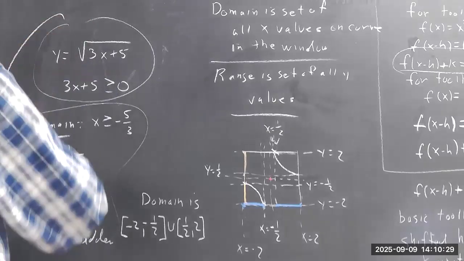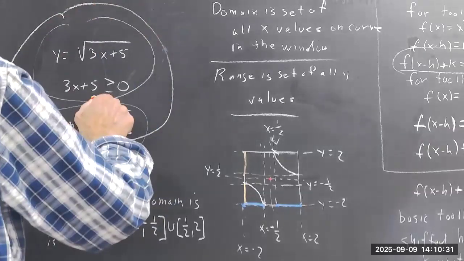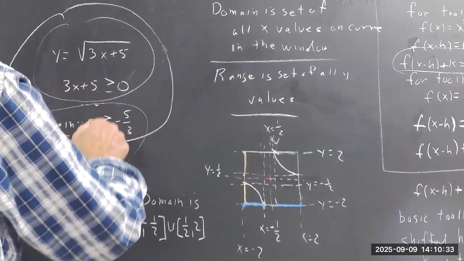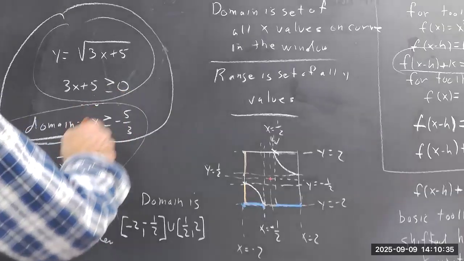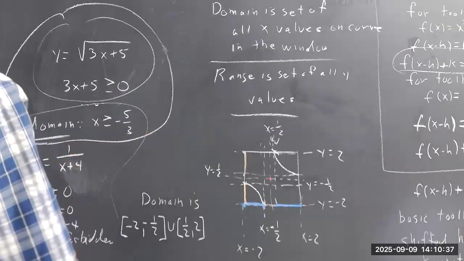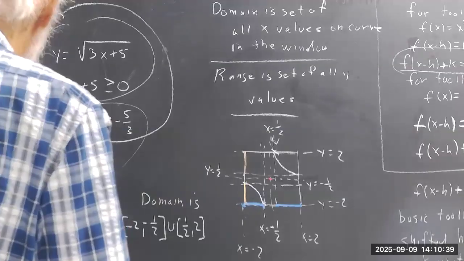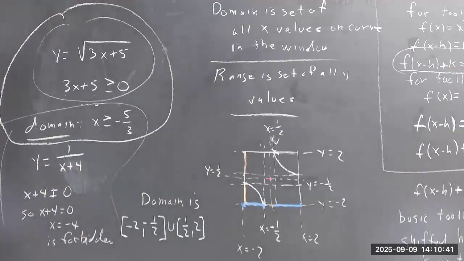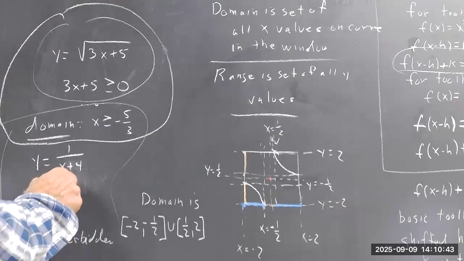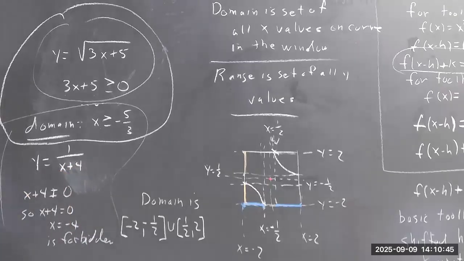This is solved by subtracting 5 from both sides and dividing both sides by 3, and this is what you get.